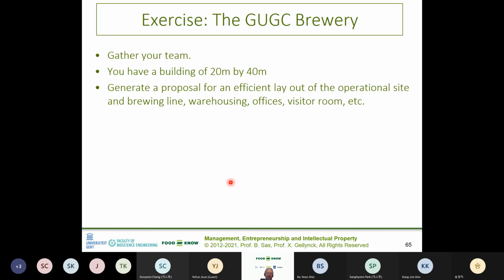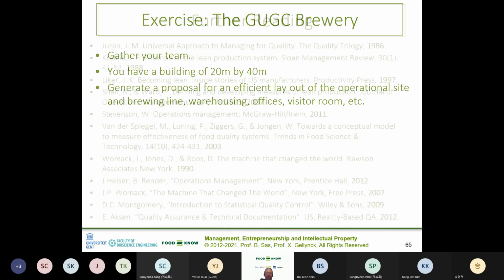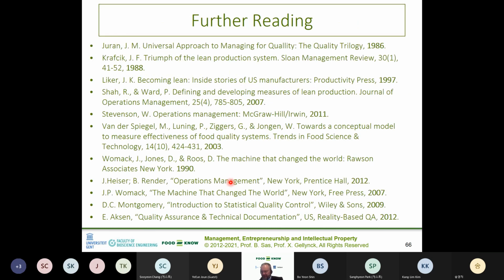And the idea was to generate a proposal of an efficient layout for an operational site for a brewing unit of 500 liters or 1,000 liters, warehousing, offices, visitor rooms. But you can do this now amongst yourselves.